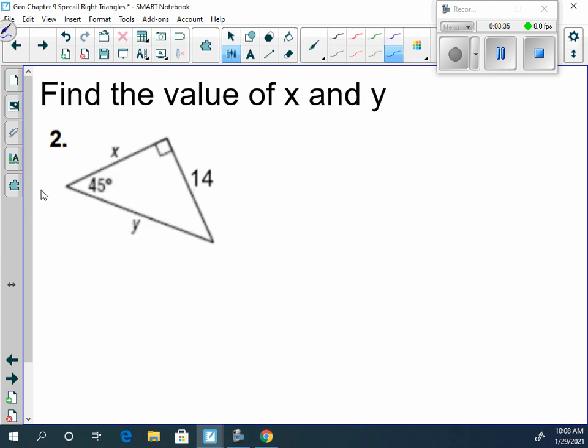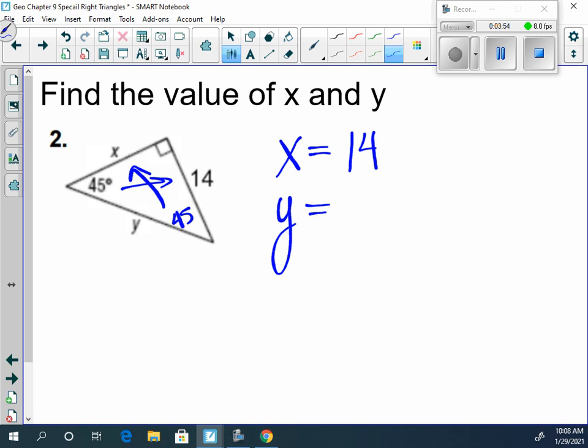Okay, let's look at this one here. I need to find the value of x, and I need to find the value of y. So why would x be 14? Even though this other angle is not written in, it's understood to be 45. Because that's the only way that I can have a 90-degree angle and a 45-degree angle, is the other has to be 45.